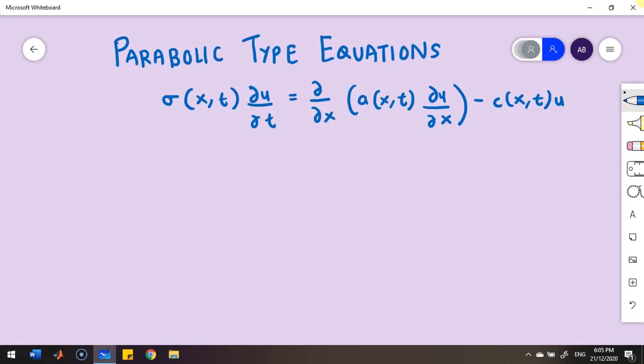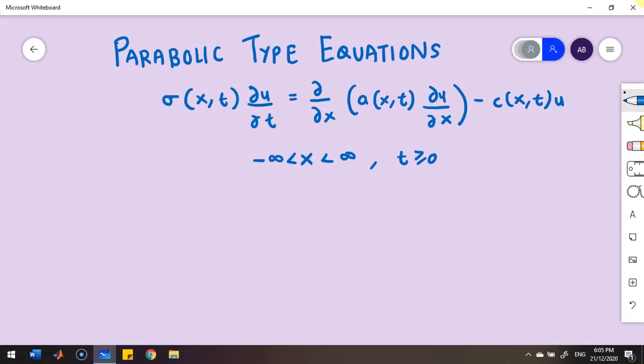Region R for the x given, let's say from minus infinity to infinity and t greater or equal than 0. Okay, where the sigma, A and C are positive, and C here must be a non-negative number.